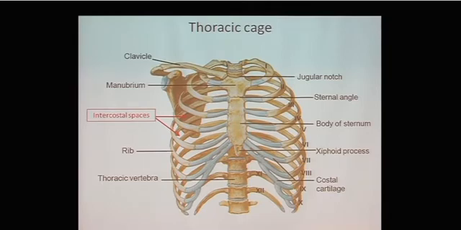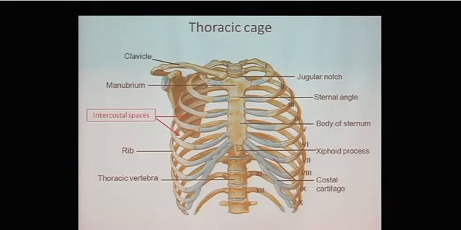The ribs 8, 9, and 10 connect by way of their costal cartilage to the costal cartilages of rib 7. And then the last 2 ribs, 11 and 12, are just floating ribs. But this system allows for expansion of the rib cage during respiration.